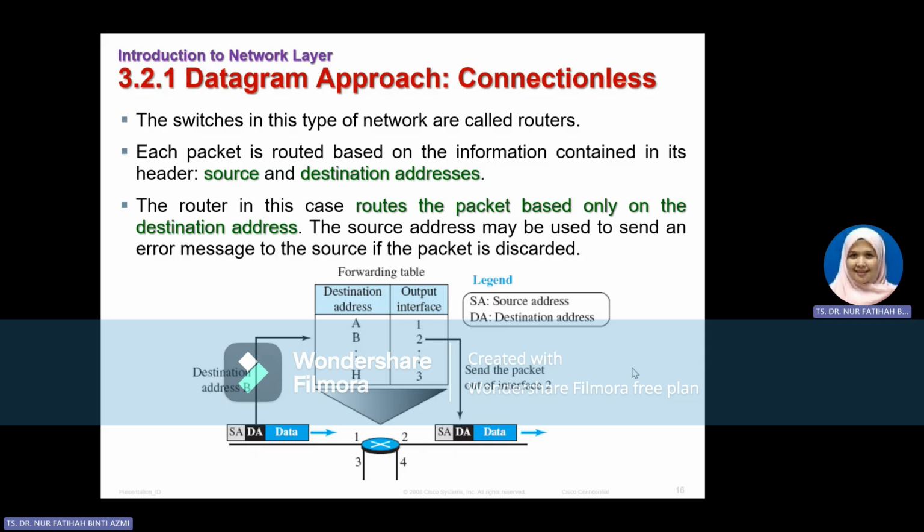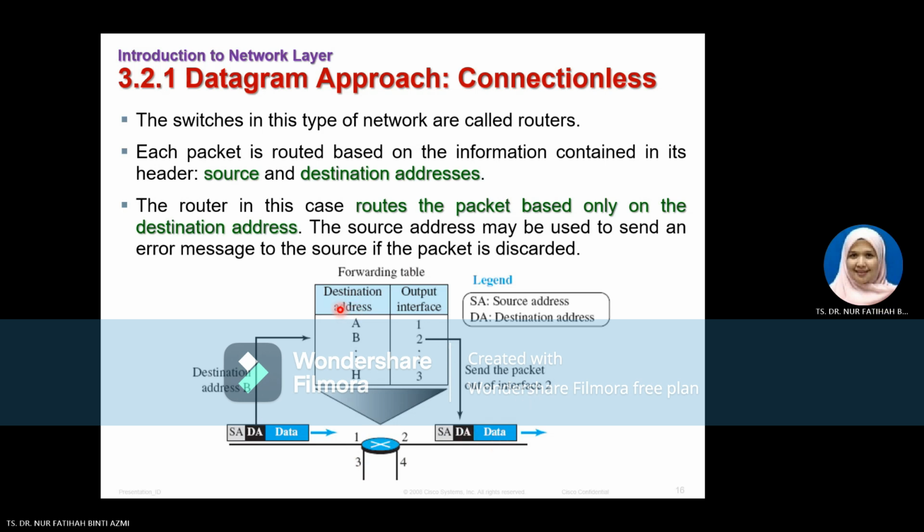Each packet will be sent one by one. At the incoming packet, the packet arrives at the router via interface A. The packet contains SA, which is the source address, DA, the destination address, and also data. So in this example, the destination address is B.